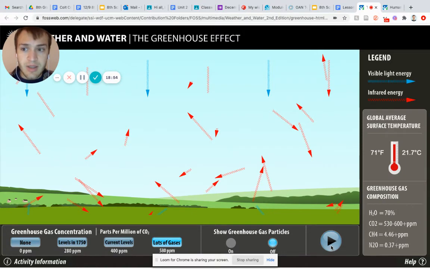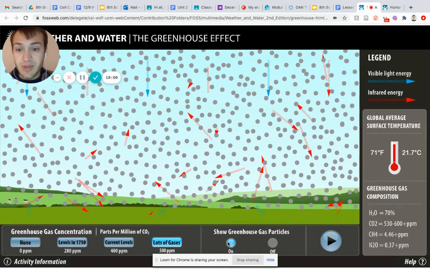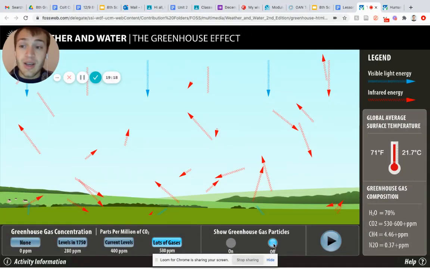The first thing I noticed was that the temperature went way up. We're now at 71 degrees Fahrenheit. You'll also notice that there are a lot more red arrows. If you turn on greenhouse gas particles, you're going to see, whoa, the screen is just all these greenhouse gas molecules. Anyway, so again, go ahead and record the red arrows, record the temperature, and record the parts per million of carbon dioxide, which for this one we'll just say is 580 because it gives us kind of a range in the bottom right. All right, so go ahead and pause this video while you do that because I'm just going to start talking in 3 seconds.